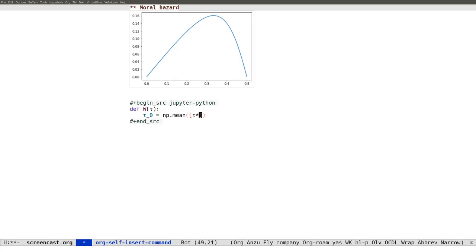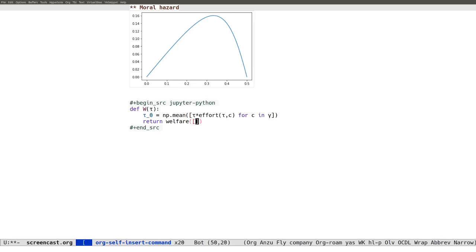So it earns a fraction tau of the income from everybody. That income itself is a function of tau and c, for c in gamma. And then this function returns welfare, the function that we just defined.